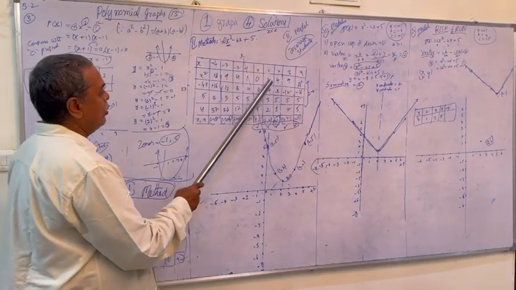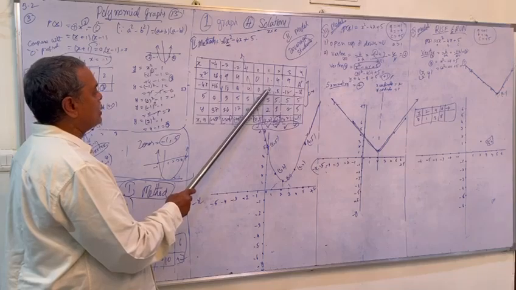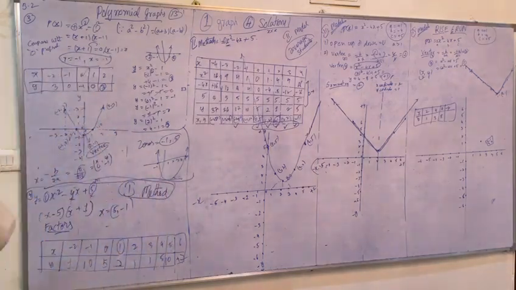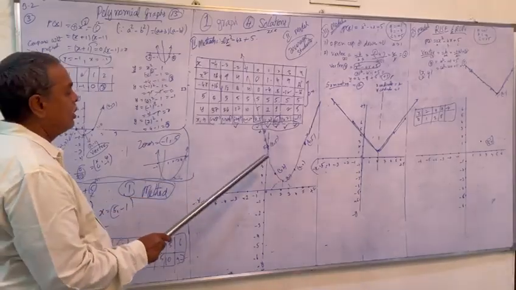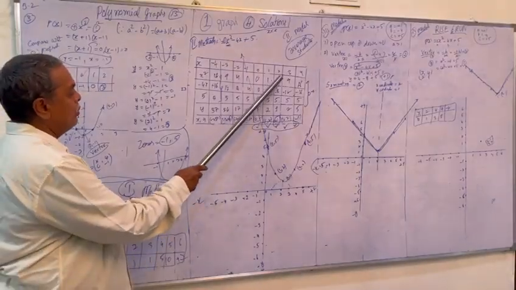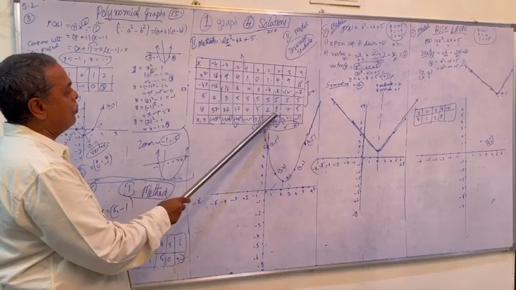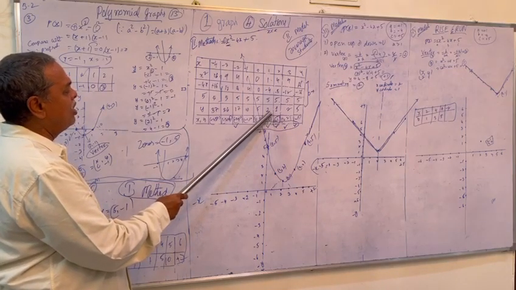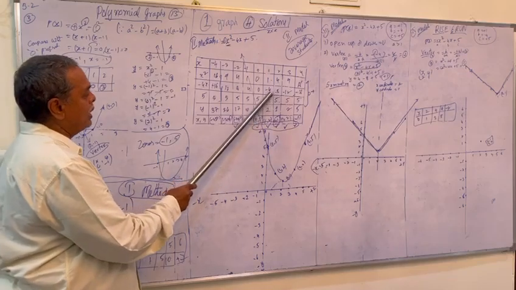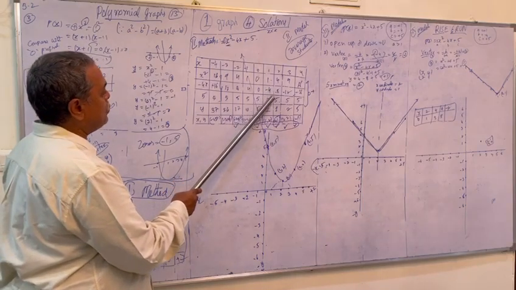Next x square 1, minus 4x, is minus 4 into minus 4.